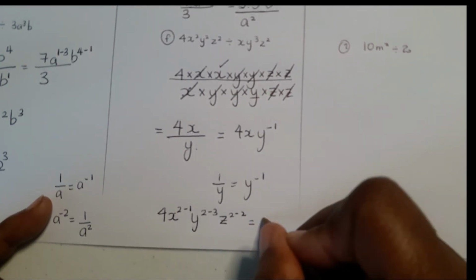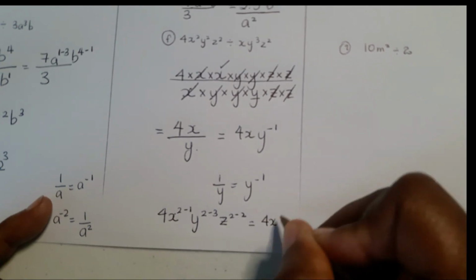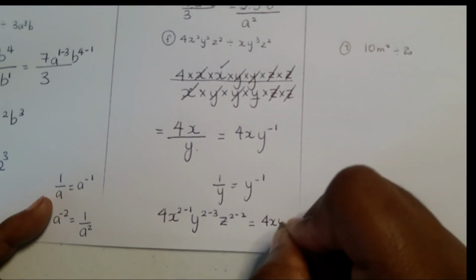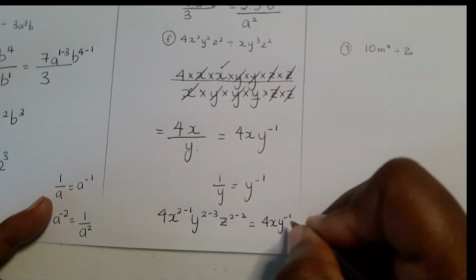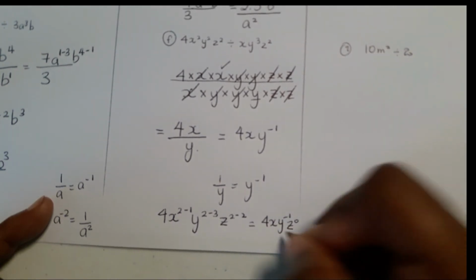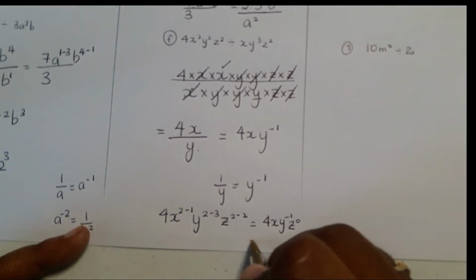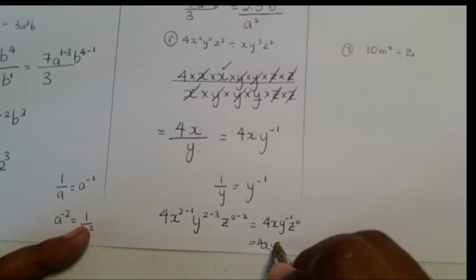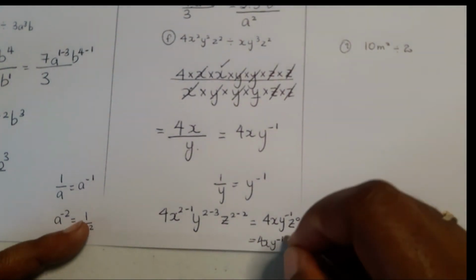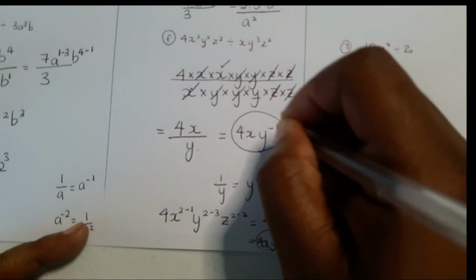And you would have gotten 4x y to the minus 1, and then z to the 0. And because z to the 0 is 1, you just write back 4xy to the minus 1. Is the answer the same? Yes.